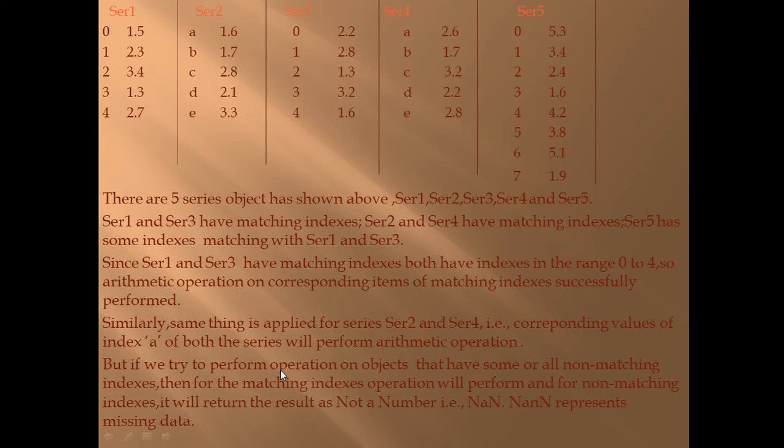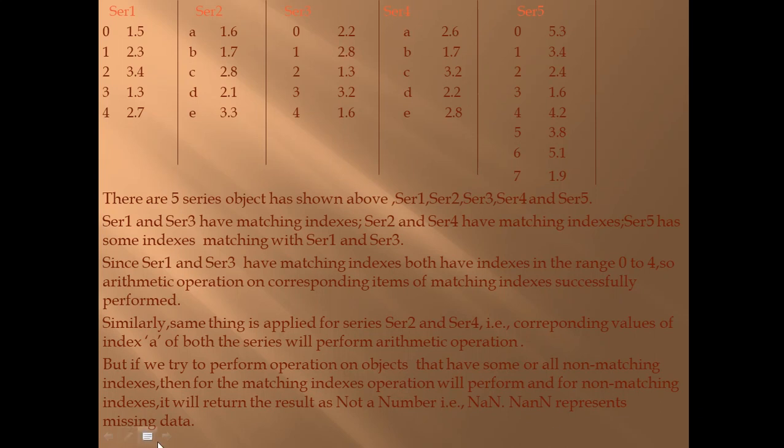But if we try to perform operations on objects that have some or all non-matching indexes, that means we want to perform arithmetic operations on series which have some matching indexes or all non-matching indexes, then for matching indexes the operation will be performed, as I told earlier, and for non-matching indexes it will return the result as not a number, that is NaN.